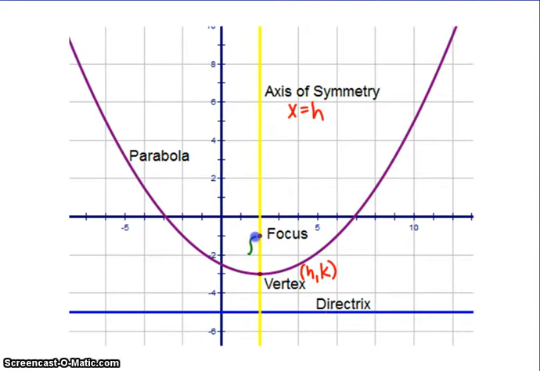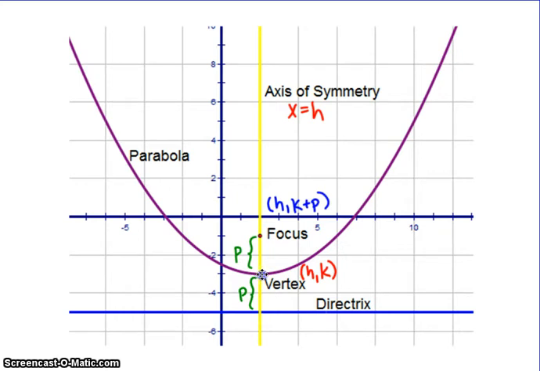Remember that the distance from the focus to the vertex is going to be called p, and the vertex to the directrix is the same distance, p. So to get from the vertex to the focus, we will still have the same x value, h, but this time we will take k and add p to it. So the point for the focus is (h, k plus p).